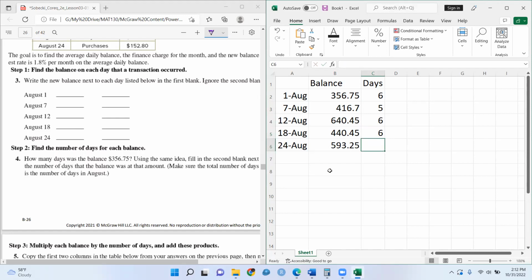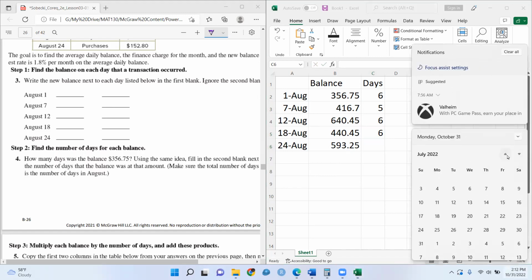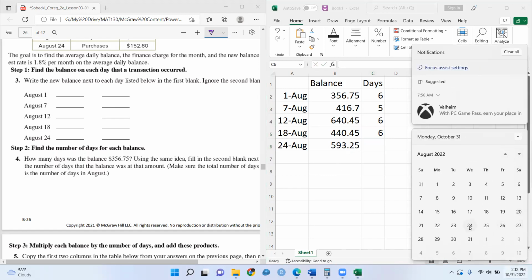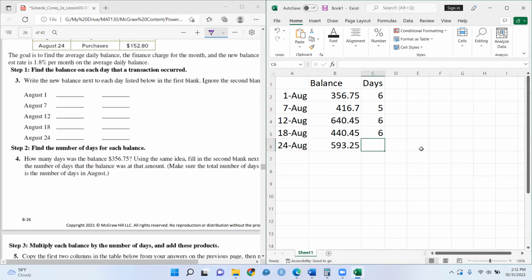And then we get into the tricky one. How many days does it remain at 593.25? Well, if we count it, note we start on August 24th. That counts as a day at this balance, and we're going to count up to the 31st. So 1, 2, 3, 4, 5, 6, 7, 8 days it remains at that balance.